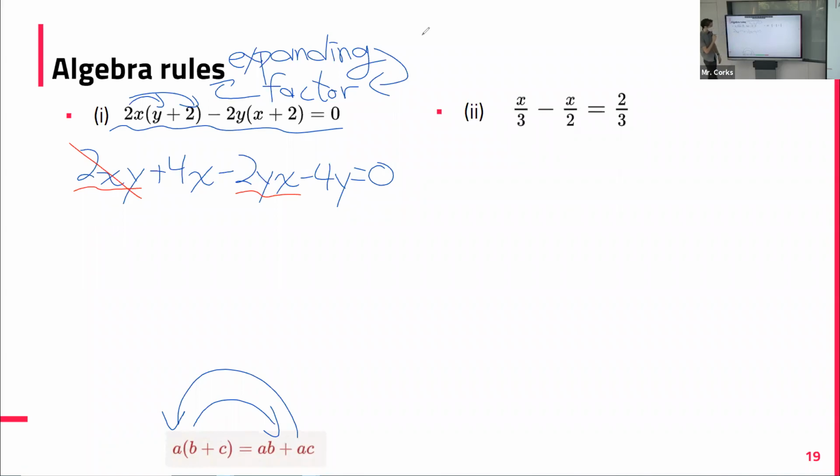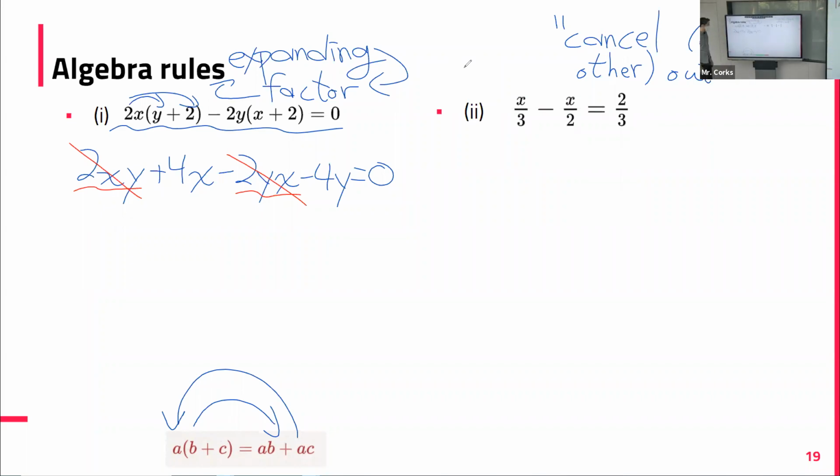Which part? This and this? Okay. Usually we'd say that they cancel each other out, or eliminate.